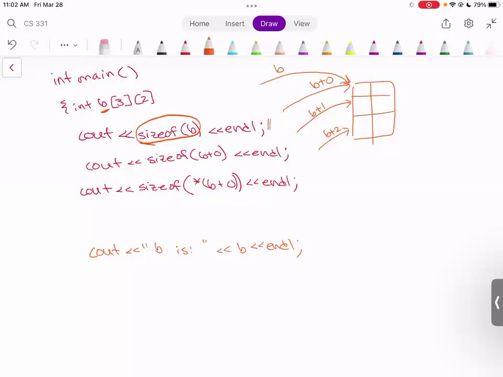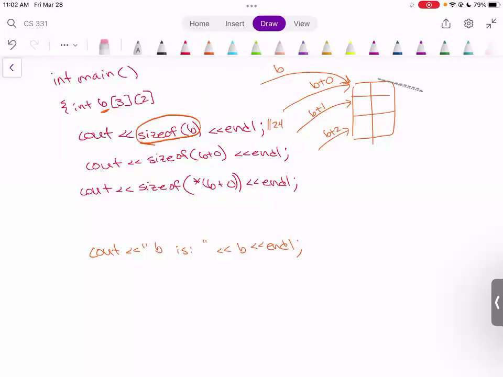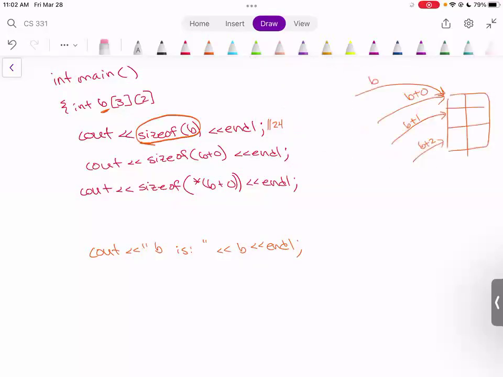Can you tell me why it's 24? Because there's 6 integers and each integer is 4 bytes. Perfect. That's a perfect explanation for the exam. There are 6 integers. Each integer is 4 bytes. So 6 times 4 is 24. That's it.